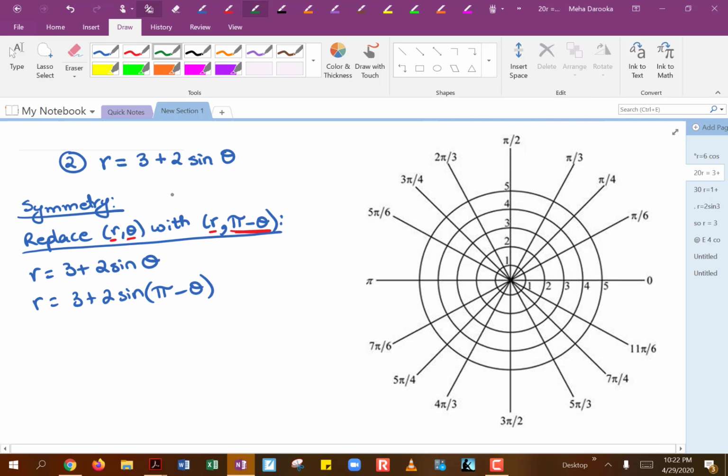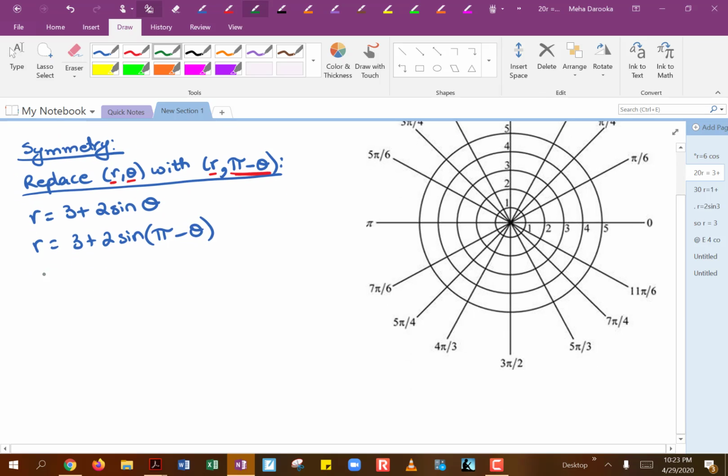Oh, I guess I'll write it down here. The sum and difference formula, when it's sine of u minus v, is going to be sine of u cosine of v minus cosine of u sine of v.